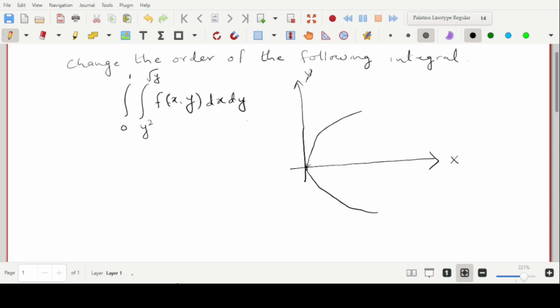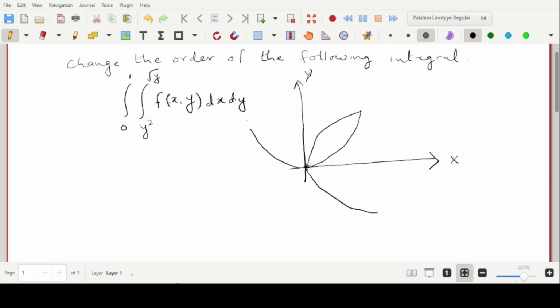So x equal to square root of y is nothing but y equal to x square. So it is this. The complete graph is this. Now what we want is, for every fixed y, we want x to run from y square to square root of y.